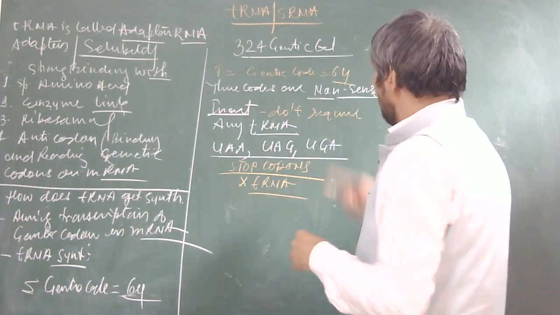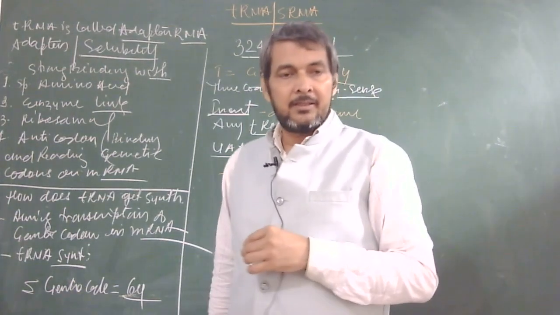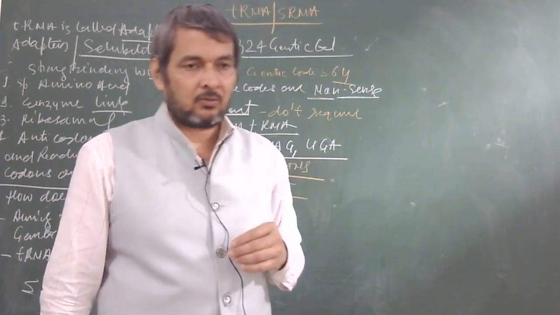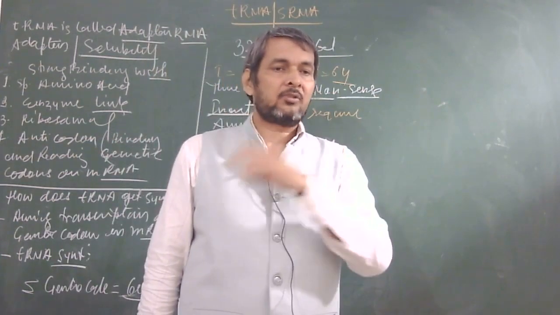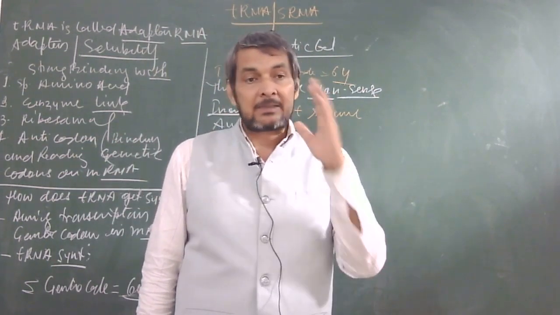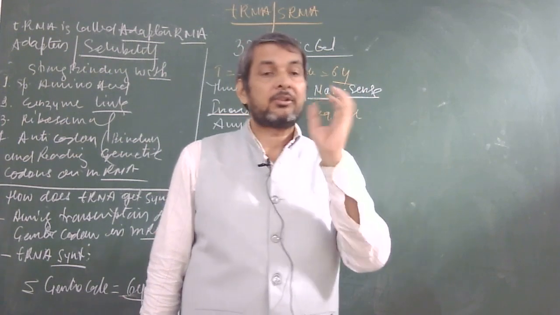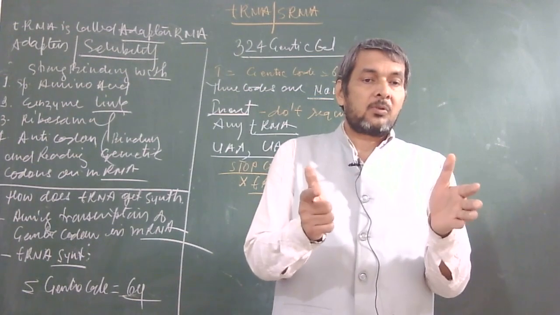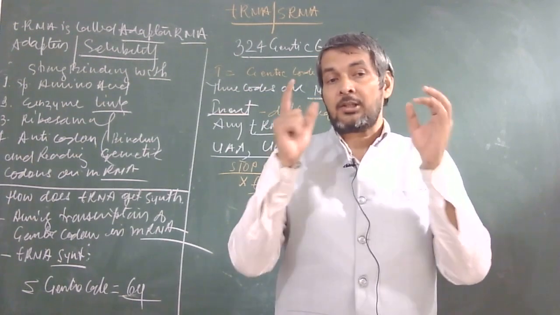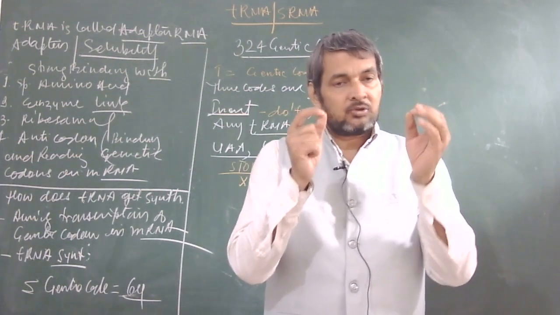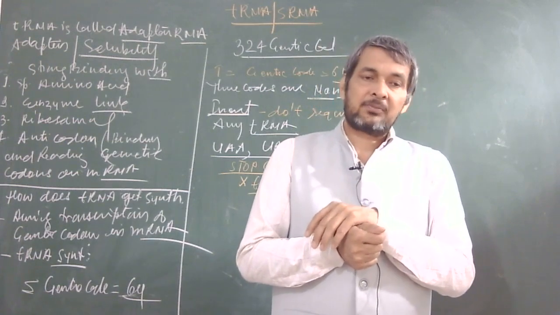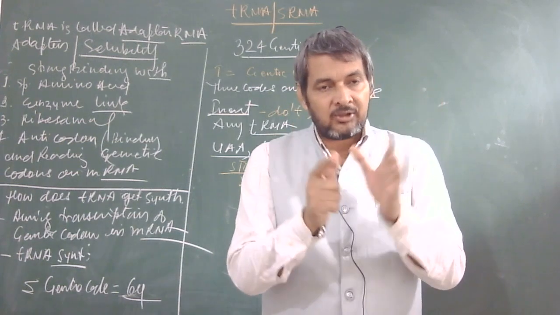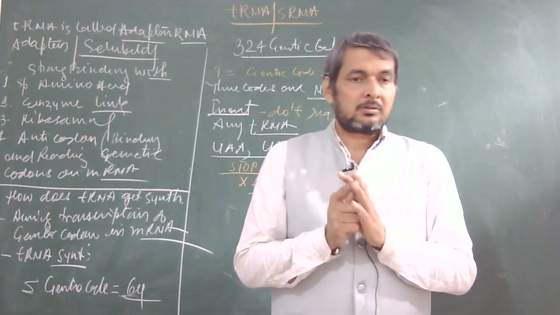So right now, how many genetic codes remain? There are 61 genetic codes remaining. Among the 64 genetic codes, 61 will specify a particular amino acid.